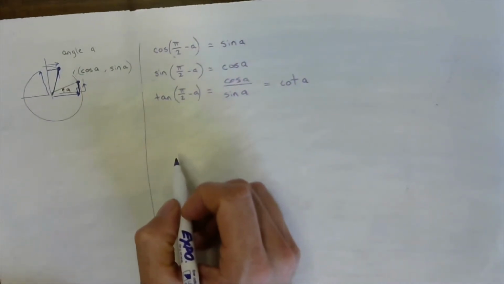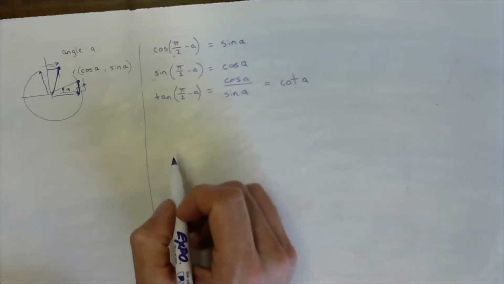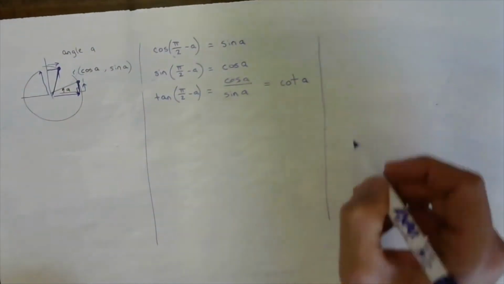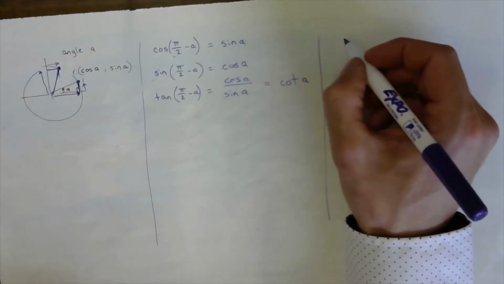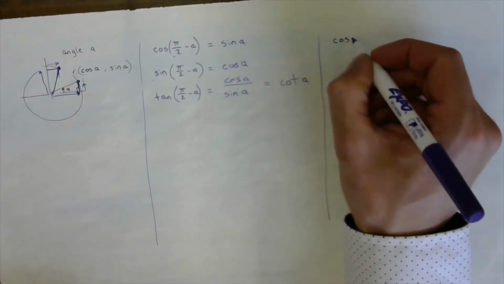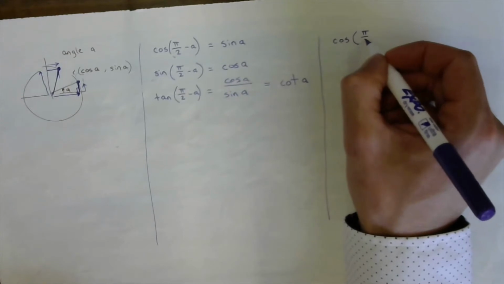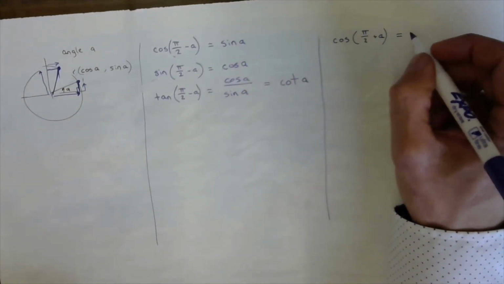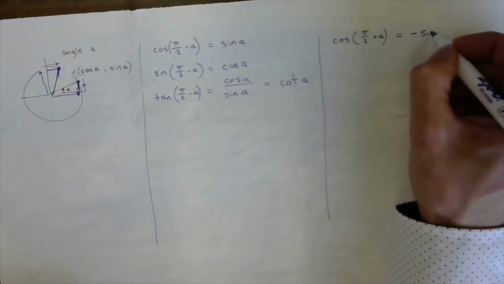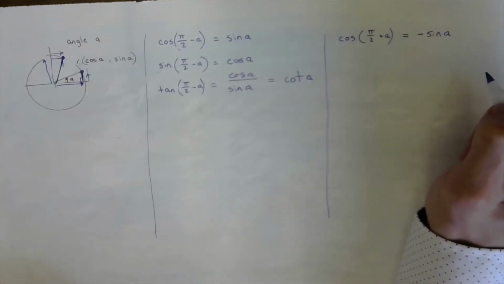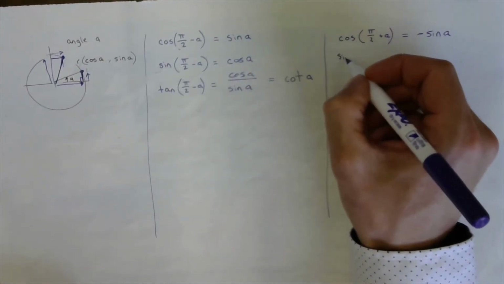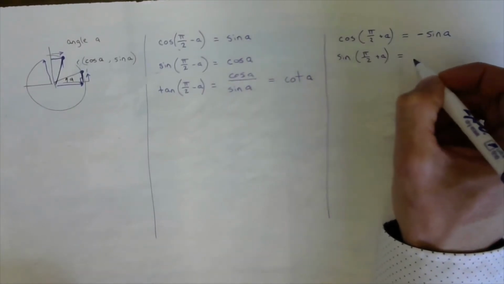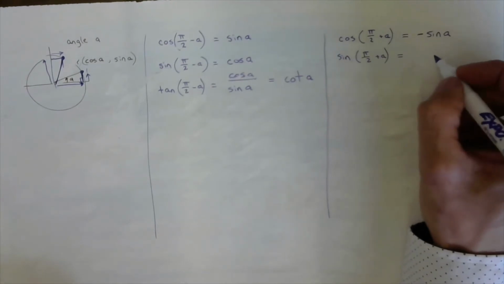If we go to the right, we may as well do this kind of in the same order. If you go to the top right box, we'll work with pi over 2 plus a. So we've got the cos of pi over 2 plus a. We decided that correlates to negative the sine of a. The sine of pi over 2 plus a corresponds to the cosine of a.